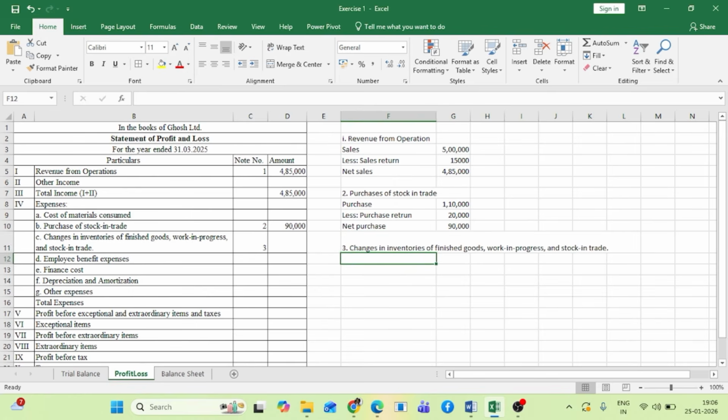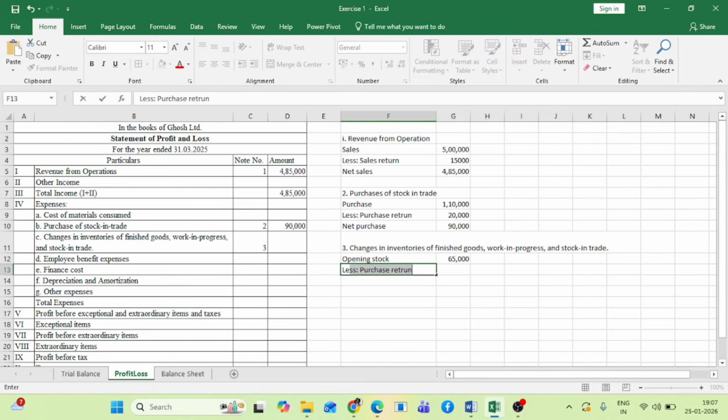So here we'll try to find out the difference between your opening and closing stock. So let me start with the opening stock. What is the value of my opening stock? Opening stock you will find in the trial balance. So the value is 65,000.